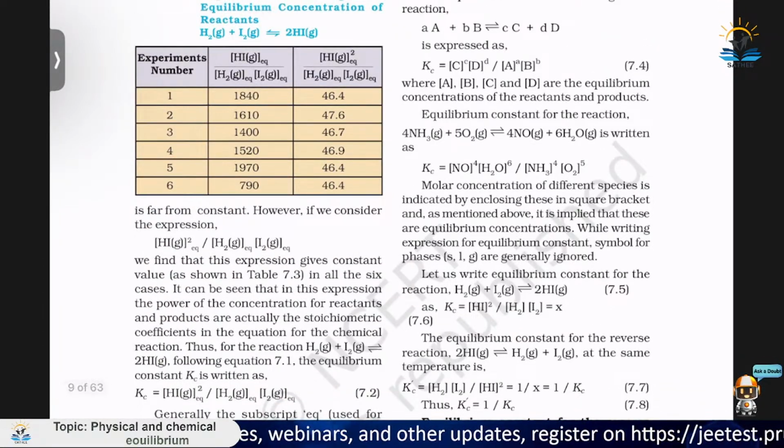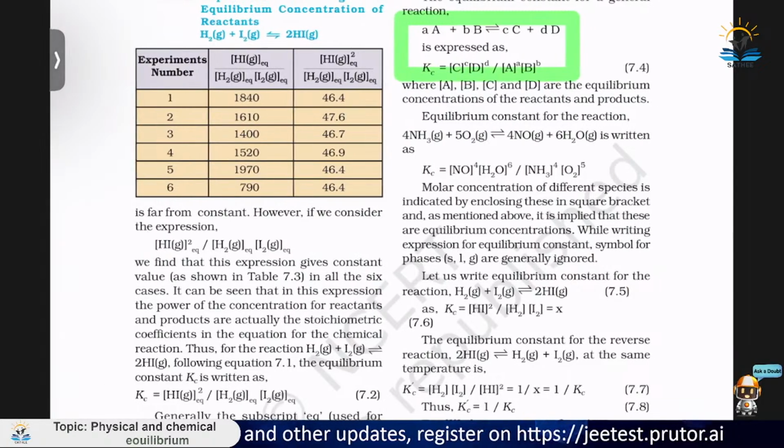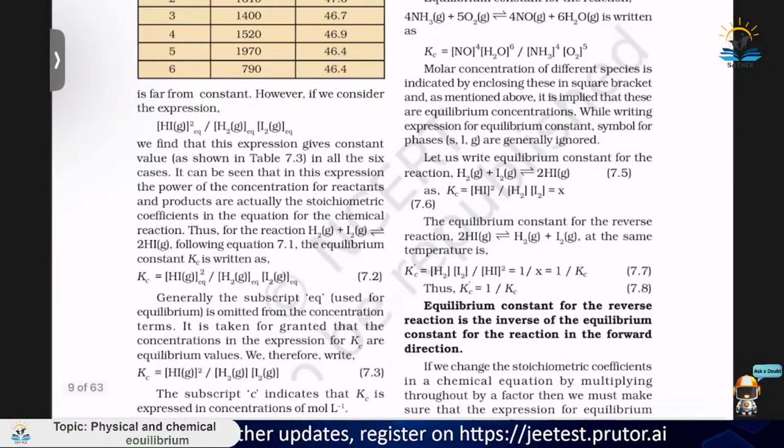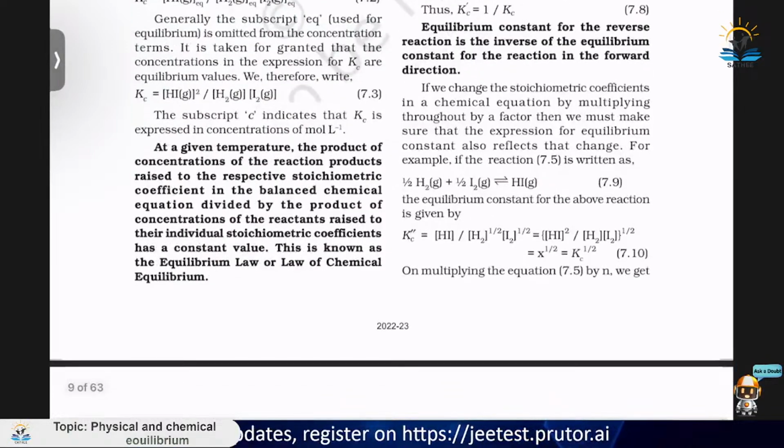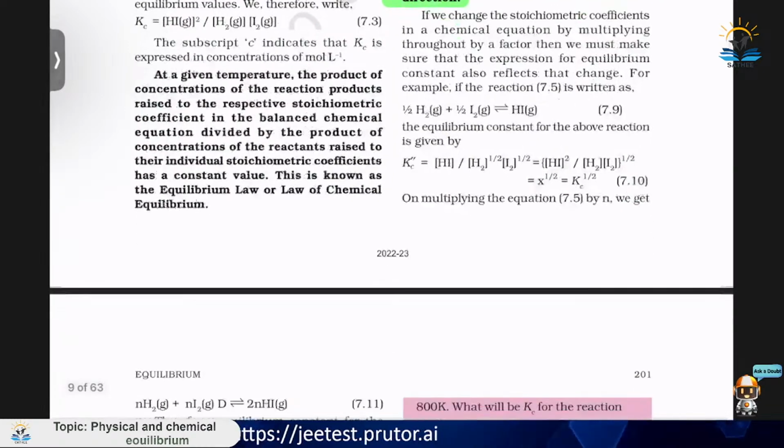They have given a general expression for the equilibrium constant of any reaction, and the equilibrium constant for the reverse reaction is the inverse of the equilibrium constant for the forward direction. This you can know.